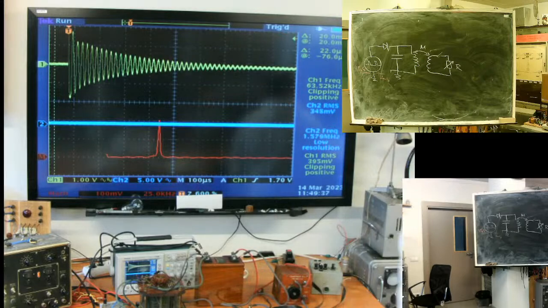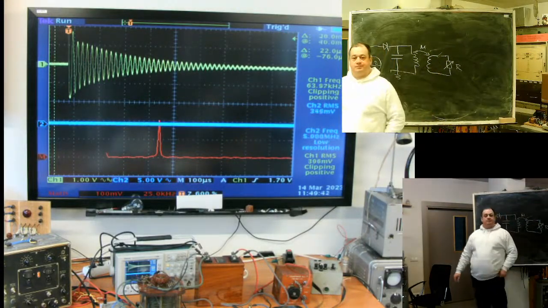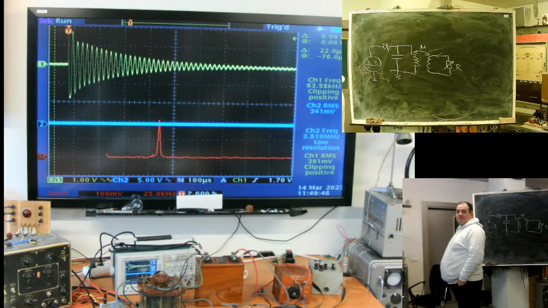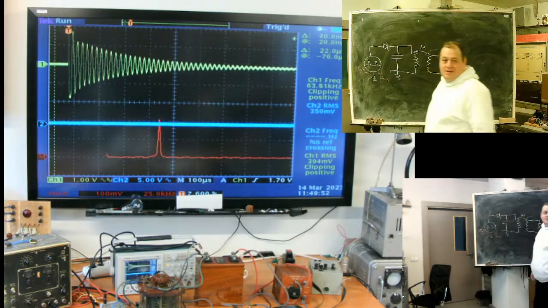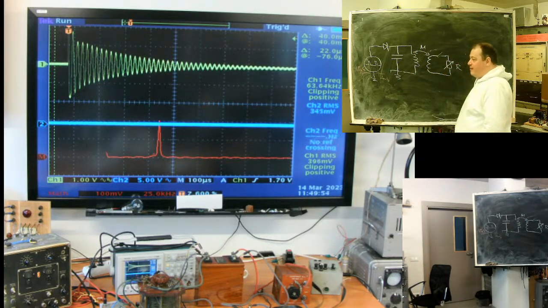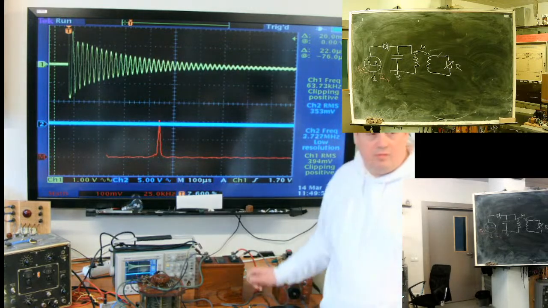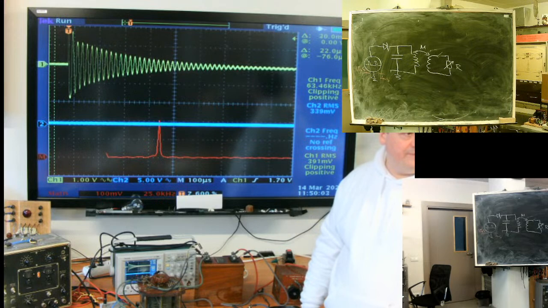What will happen when I switch this on? Any idea? When I switch this. Now, the plug is off. When I put it in, what will happen?